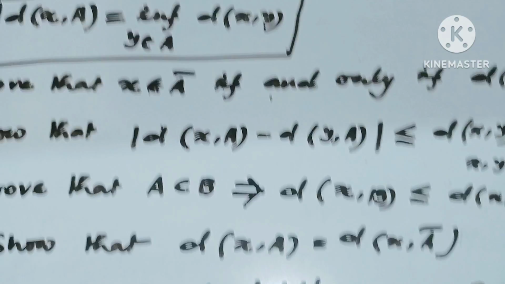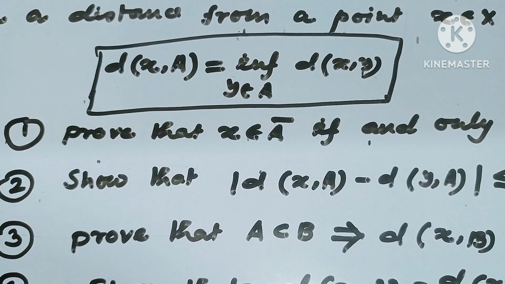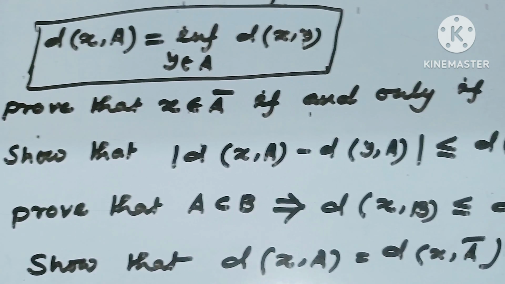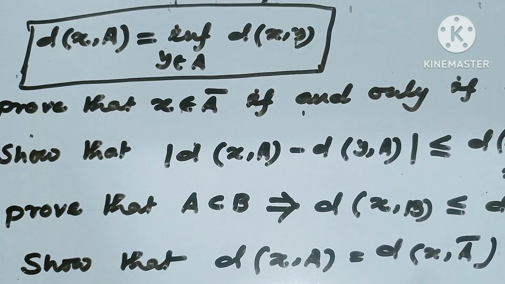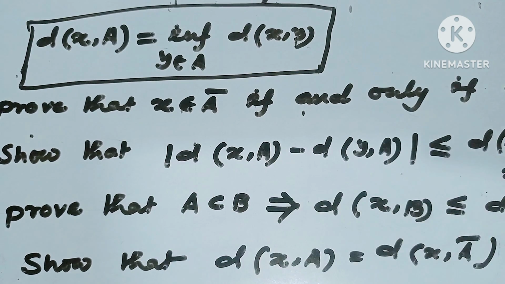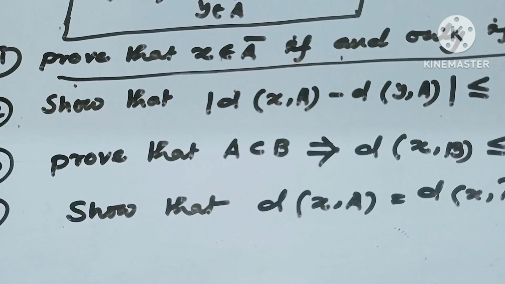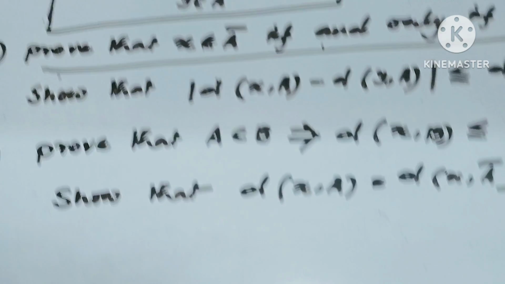Now I will see this exercise. First, very easy. This is an if and only if condition: prove that x belongs to A closure if and only if the distance between x and A equals 0. We have to prove, first, if x belongs to A closure, then d of xA is equal to 0.